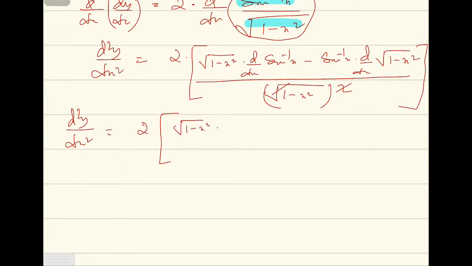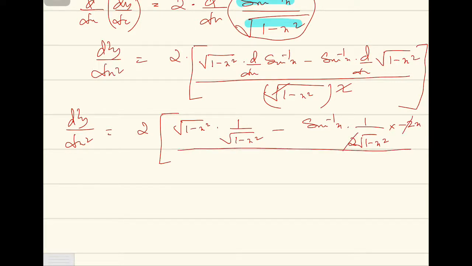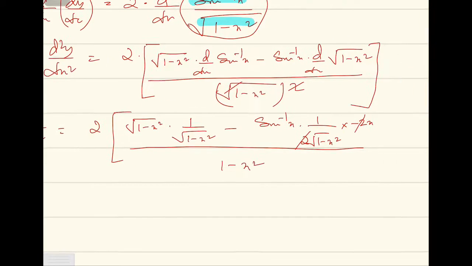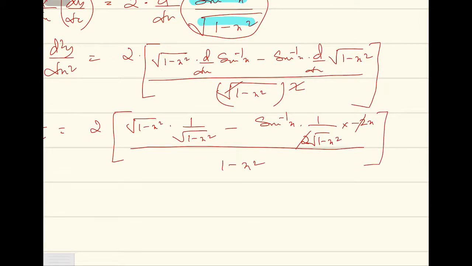It will be 1 by under root 1 minus x², correct, minus sin⁻¹x, and what is the differentiation of this? 1 by 2 under root 1 minus x². d/dx of root x is 1 by 2 root x. Moreover, chain rule, minus 2x will follow here. 2 and 2 get cancelled, correct? Divided by, here only 1 minus x² is the leftover, correct?